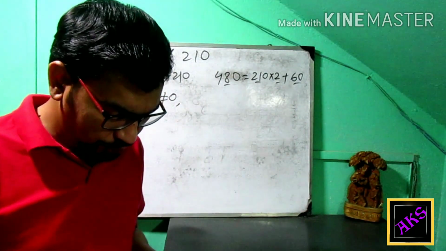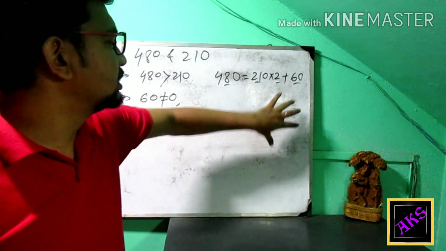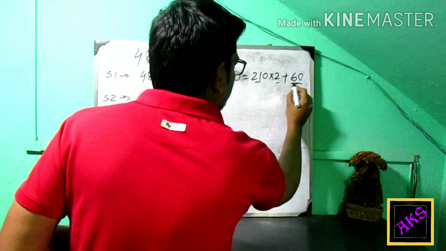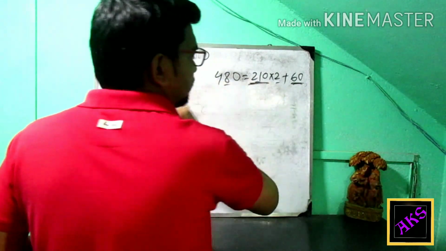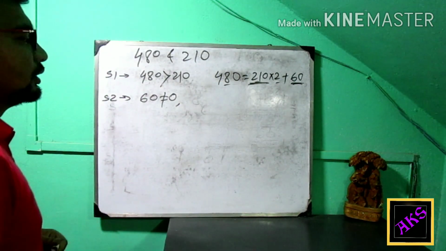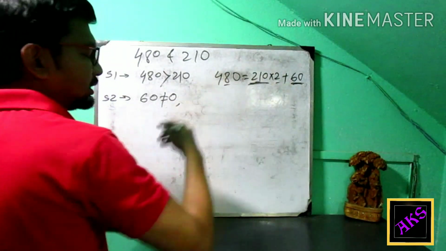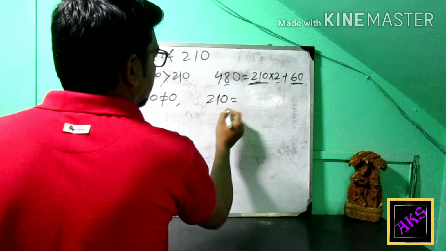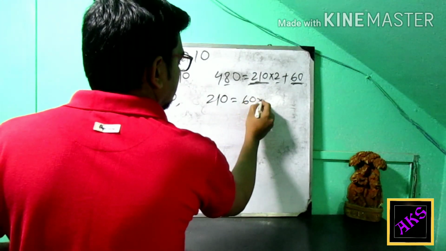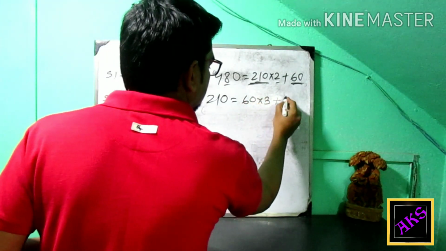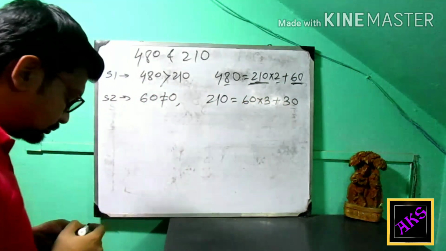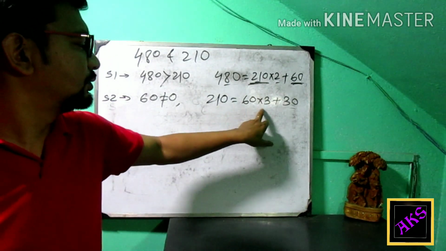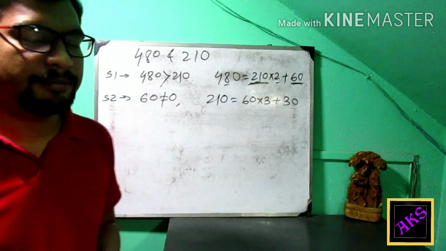So what do we need to do? We have to repeat this process again, but with 60 and 210. Now, as 210 is greater than 60, we can write 210 equal to 60 into 3 plus 30.